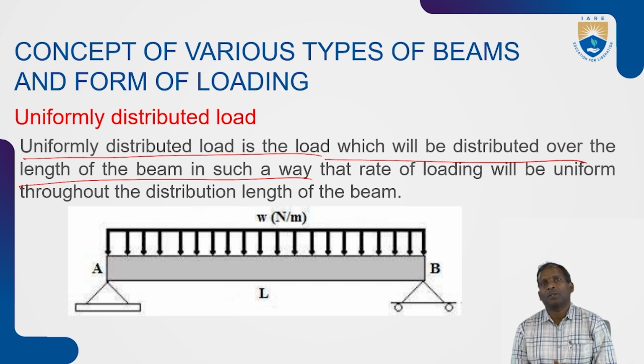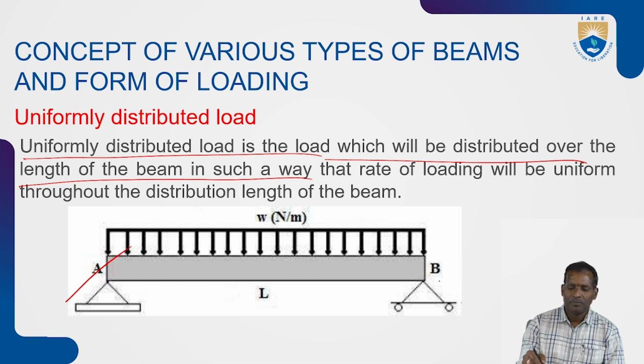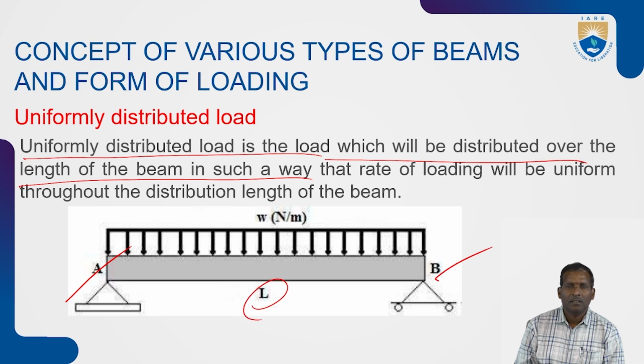See here, the same beam again, AB, the length is L. Here the load is distributed throughout the beam, not at a particular point. The rate of loading will be uniform throughout the distribution length of the beam.